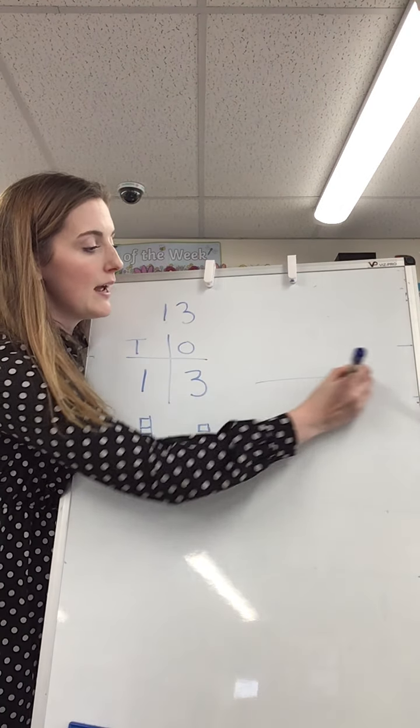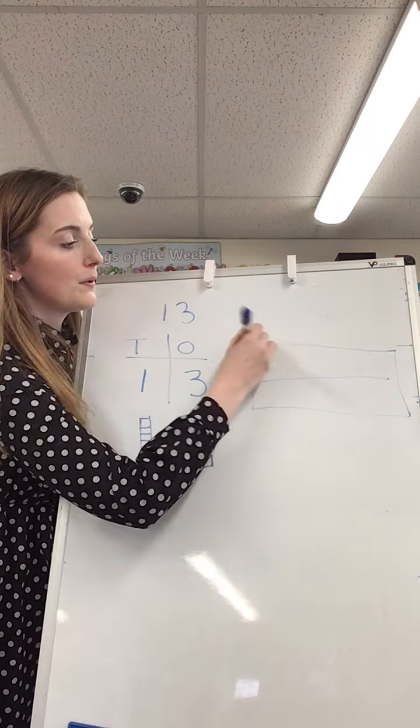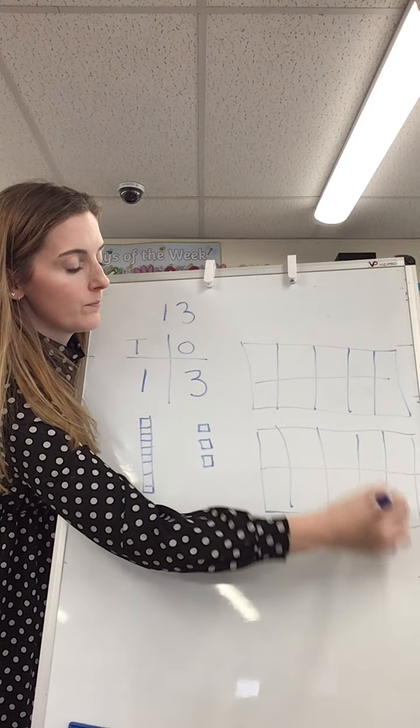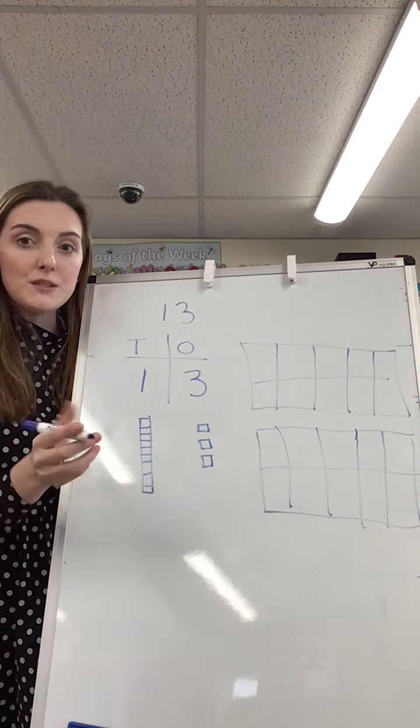Now, we could also draw our tens frame, couldn't we? So I could quickly draw it now. So we'll go boop, boop, boop, boop. 1, 2. So there's 1. I could draw my next one, couldn't I? Now we said we were going to do pictorial, didn't we? So we could draw the pictures in, couldn't we? So I could show my number 13.